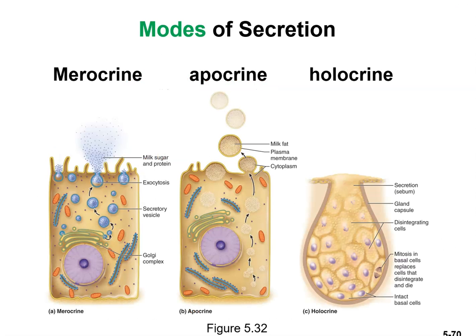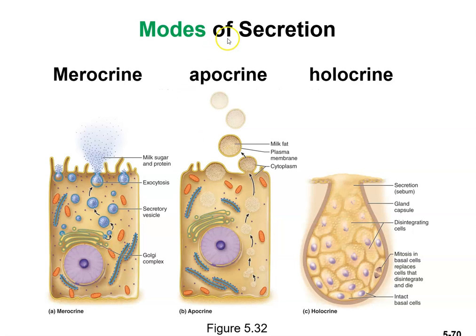The third criterion to differentiate types of glands is by modes of secretion. Some products are released from the gland through exocytosis. Those glands are called merocrine glands. Some glands release the secretion by droplet.